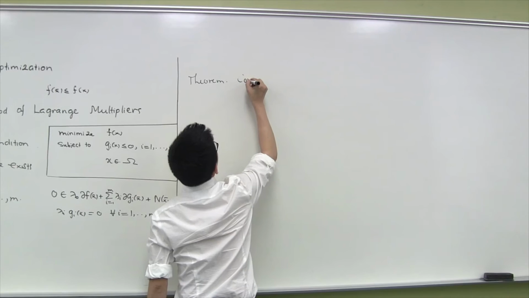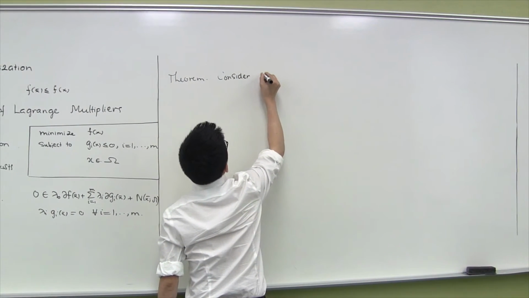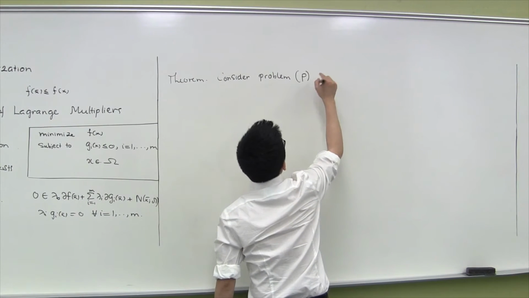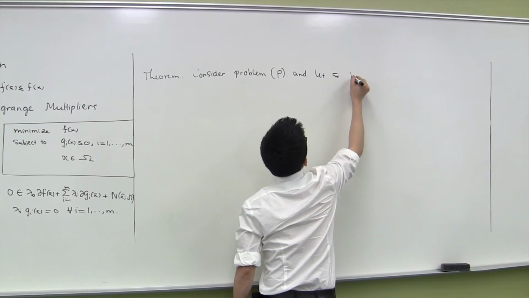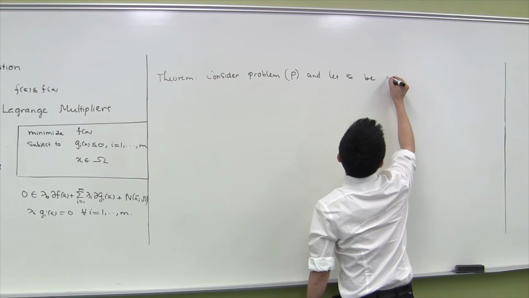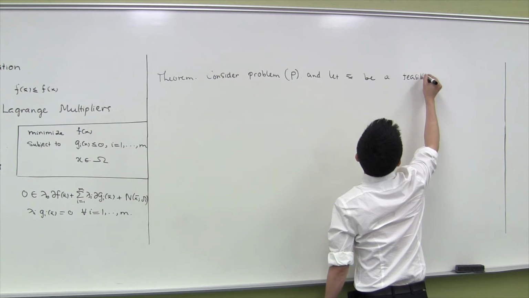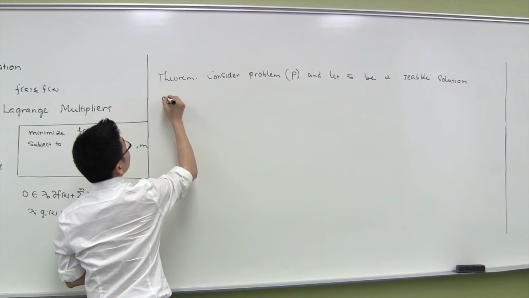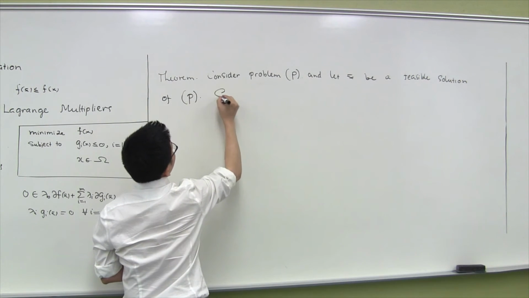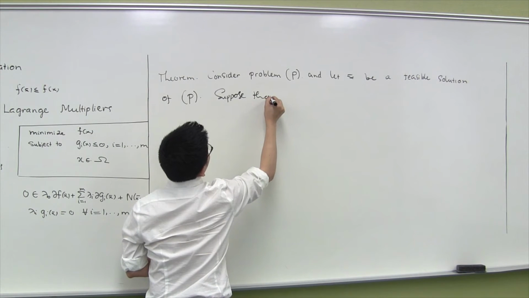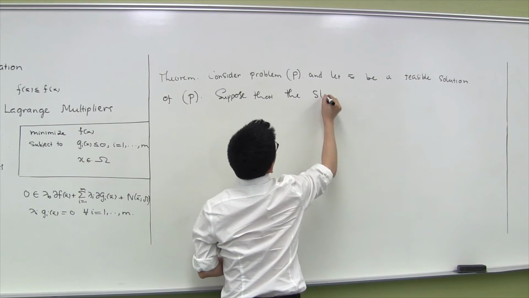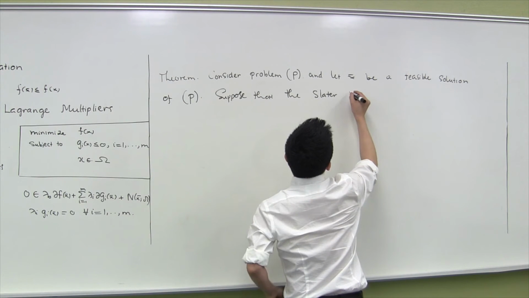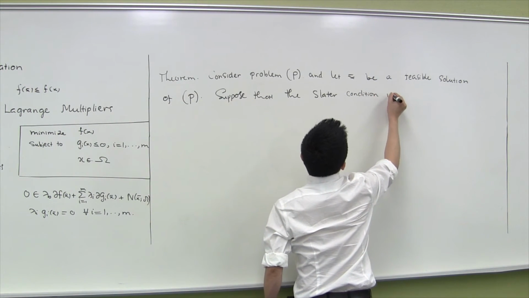Now consider problem P. Let x bar be a feasible solution of P. Now we suppose that the Slater's condition is satisfied for P.